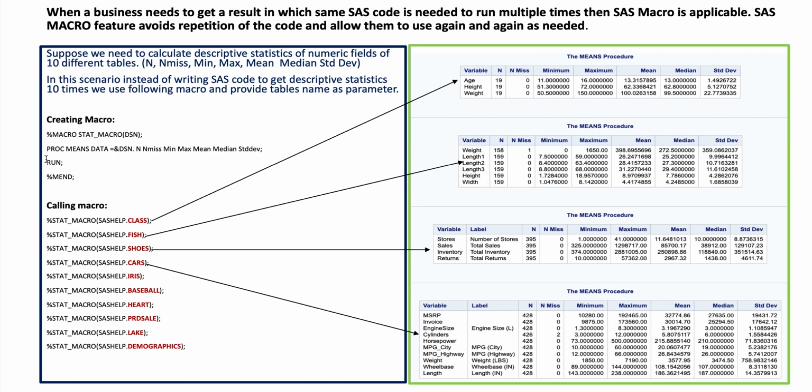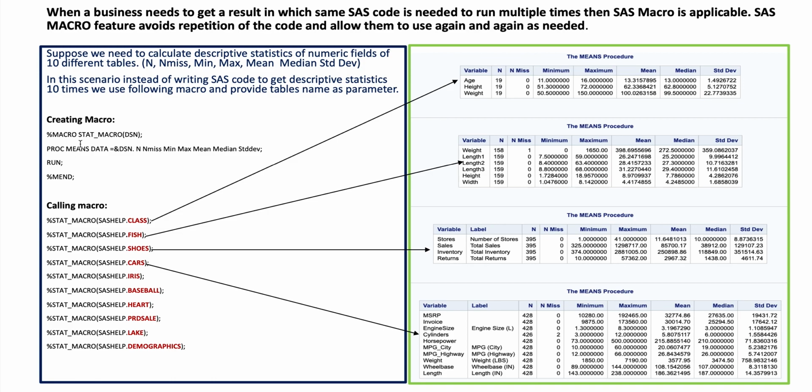In general, after proc means statement, there is another statement which is var statement. That means we provide the variable name. That means we are going to calculate statistics for that specific variable. But in this example, var statement is missing.